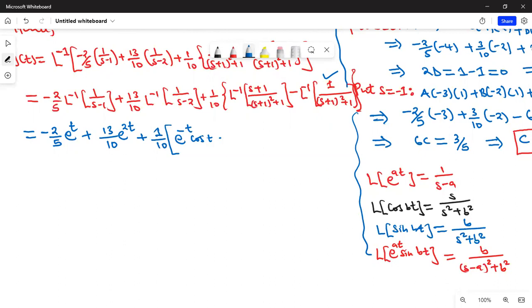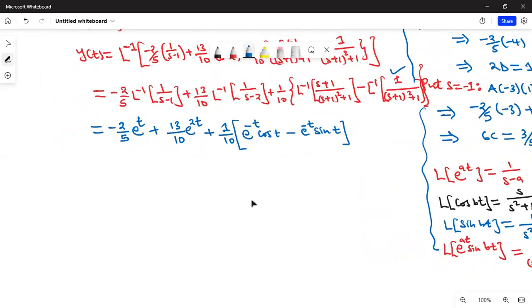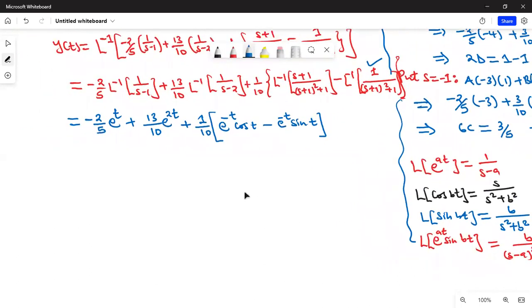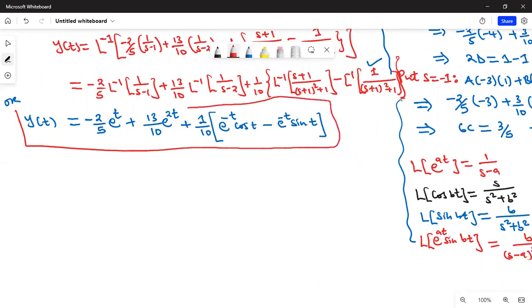So we'll have minus, that should now give us exponential negative t, because our a is negative 1. Then here we'll have sine t. So that is the solution for the ODE in part A. So you can just say, or y of t is equals to that. You see that this method is very easy. And remember, this method is only applicable when solving initial value problems.